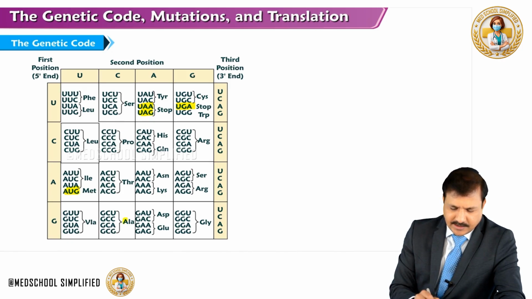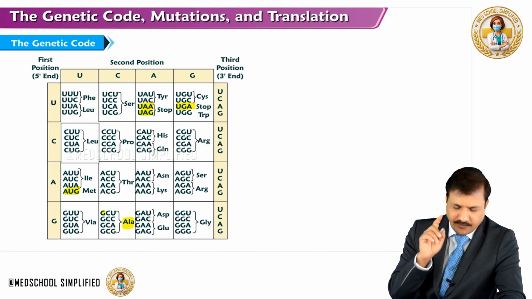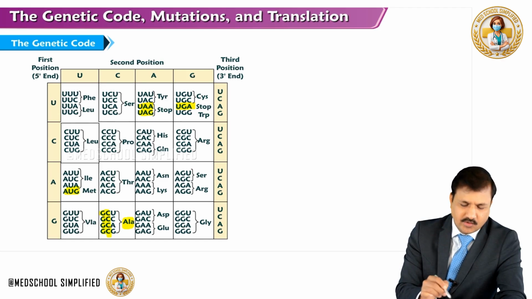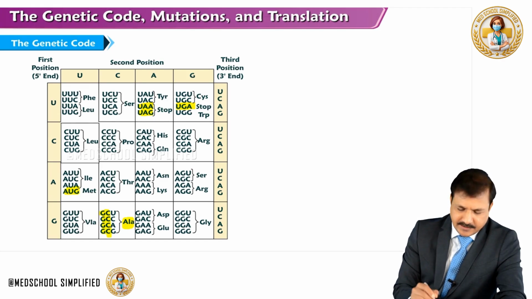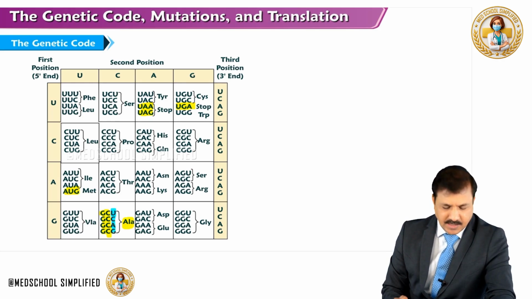Look at alanine here, which has 4 codons. If you carefully observe, in those 4 codons the first 2 letters are the same. As you see, GC is the same in all 4 codons coding for alanine. The last letter is the one that differs in all of these 4 codons.